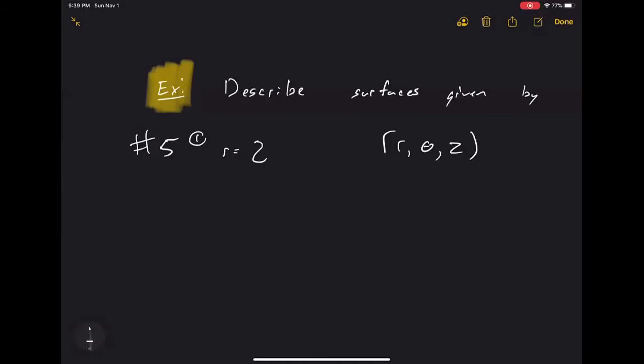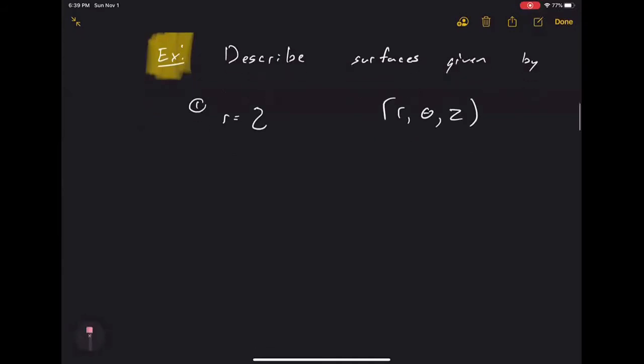All right. So what does this surface look like? Okay. So this is the surface whose r coordinate is 2. All right. So let's kind of draw our 3-dimensional plane.